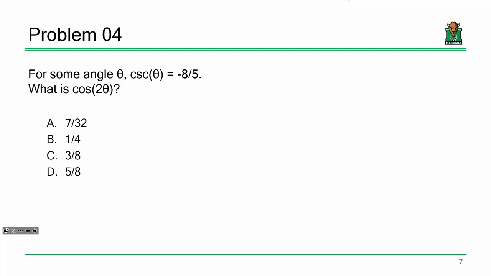I have a little bit more of an elegant approach, so let's try this. Would you agree with the following statement, that if the cosecant of some angle is -8/5, I can, with that logic, state that the sine of that angle is -5/8? Would that be a fair statement?